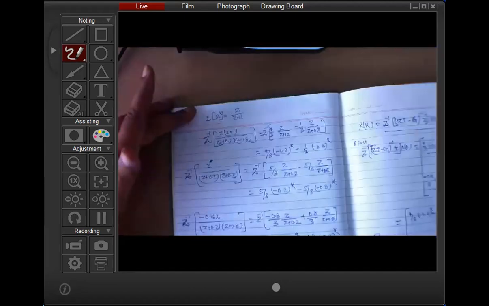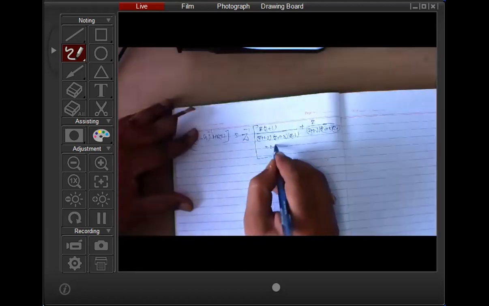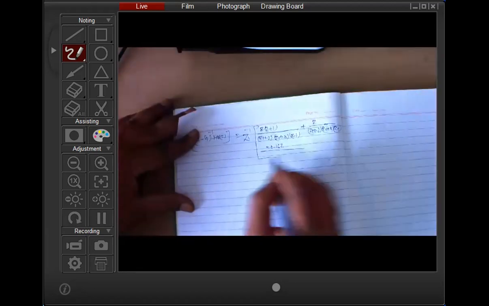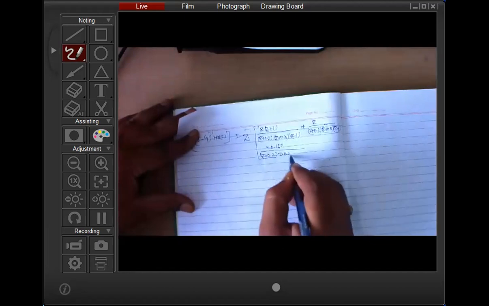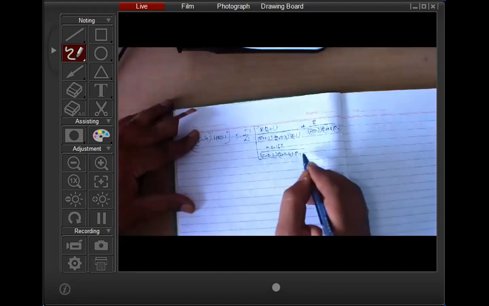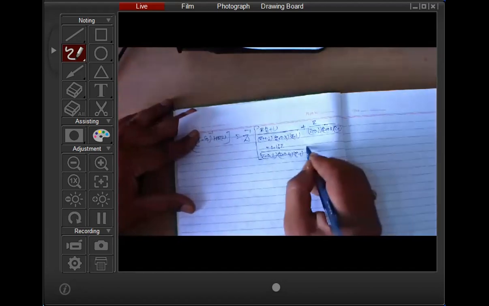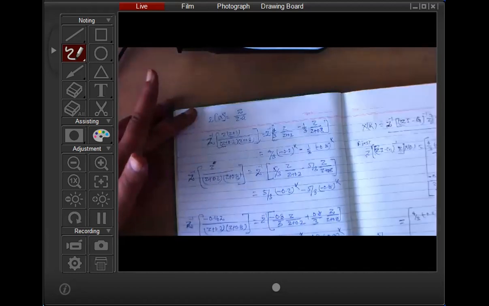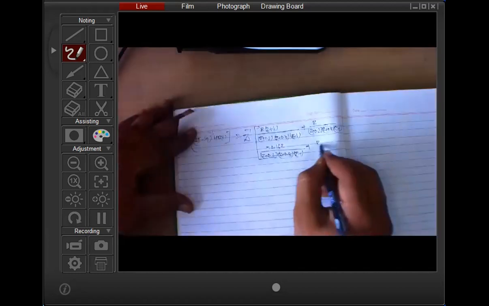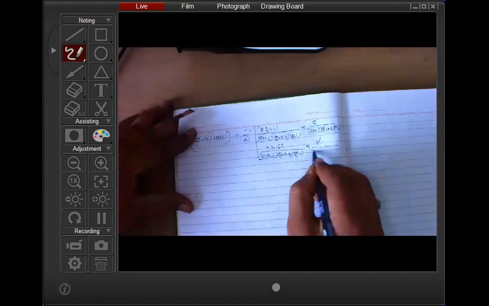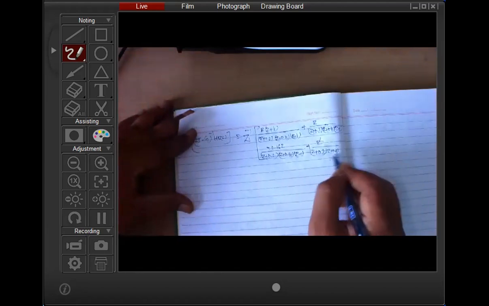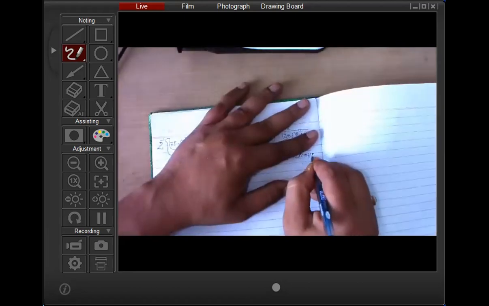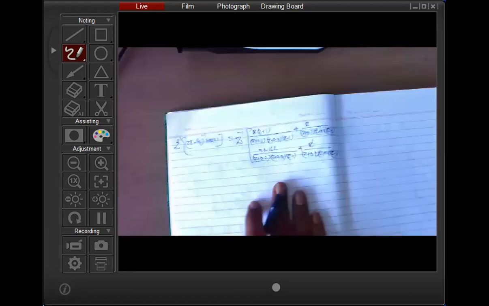The next element, minus 0.16 into z divided by (z plus 0.2)(z plus 0.8)(z minus 1). The next element, plus z square by (z plus 0.2)(z plus 0.8)(z minus 1). Yes or no?